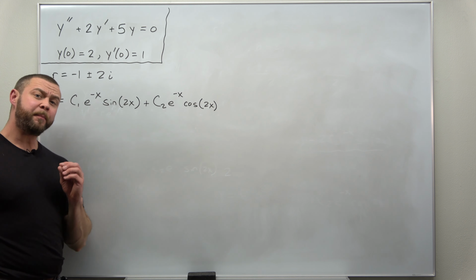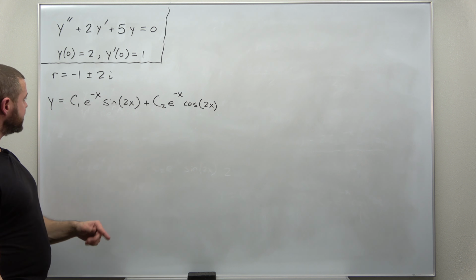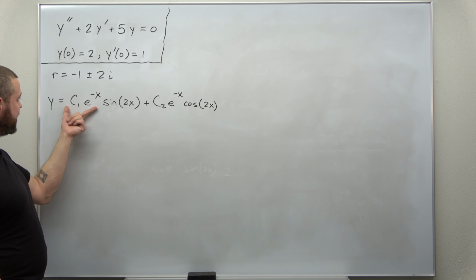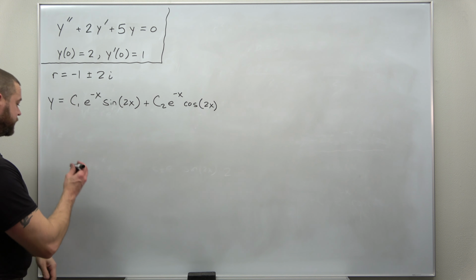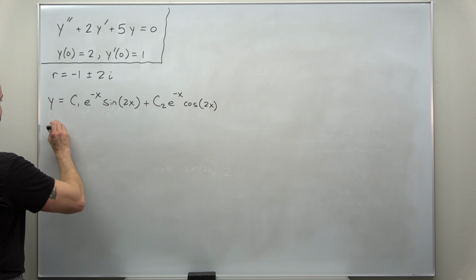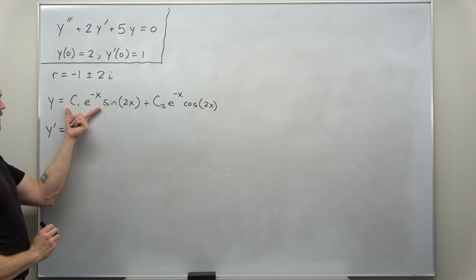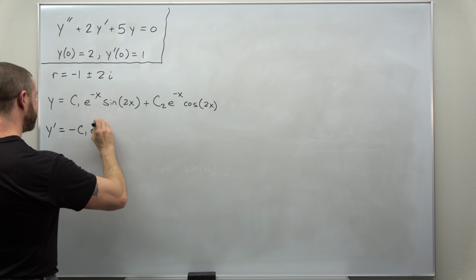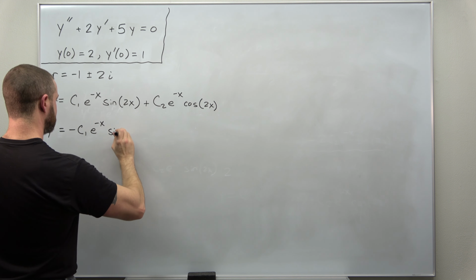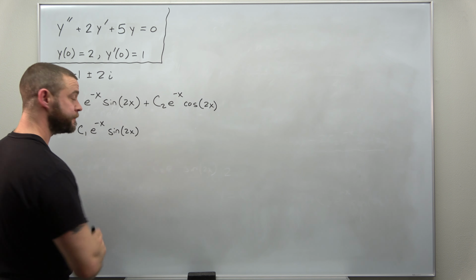And for us, when we apply the product rule, we're going to think of the constant times exponential as our f, trig function as the g. So let's calculate the derivative. So we'll differentiate the first term. We'll get a negative c1 e to the negative x, and then times the second function.